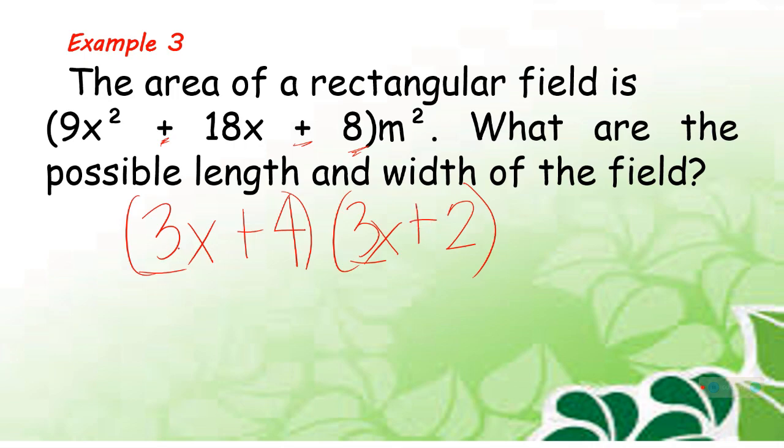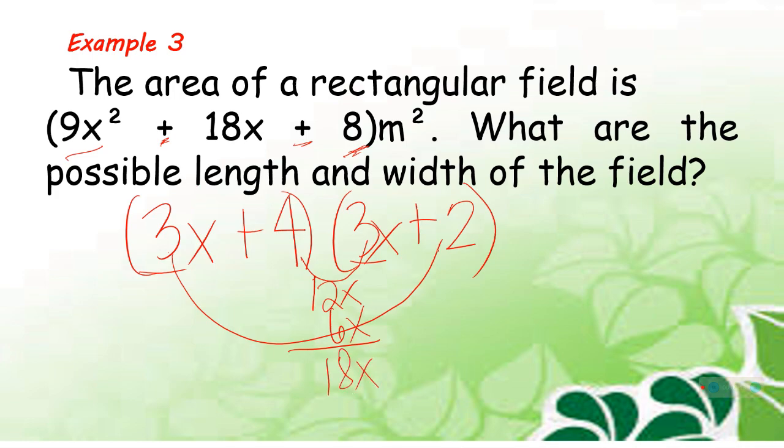So we have here 3x times 3x is 9x squared. Then 4 times 2 is 8. Then the middle term, let us check. 4 times 3x is 12x. Then the extremes, we have 3x times 2 is 6x. So 12x plus 6x is 18x.